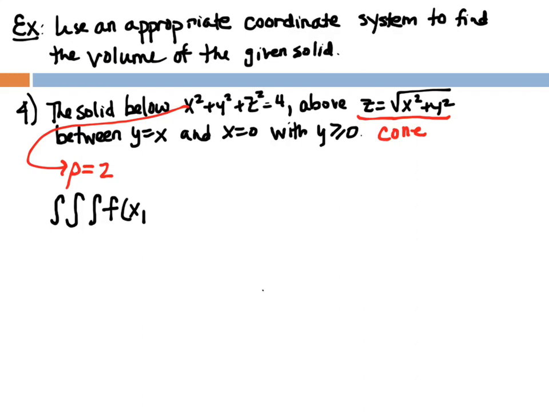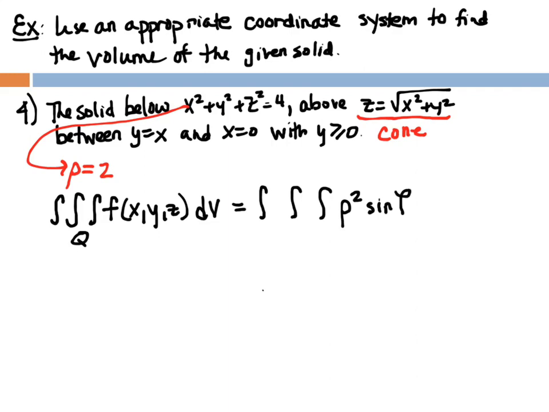This is f of x, y, and z over the volume, and our solid shape is Q. We're going to do a triple integral of dV, and dV is rho squared sine phi d rho d phi d theta.